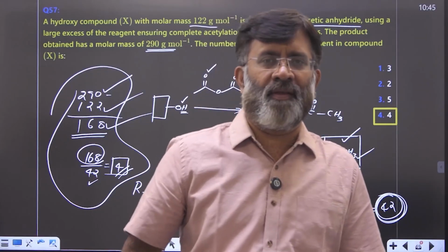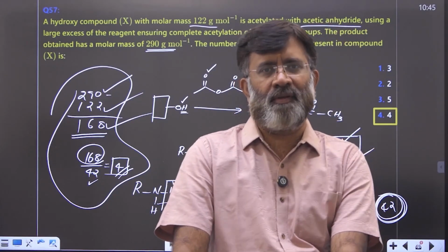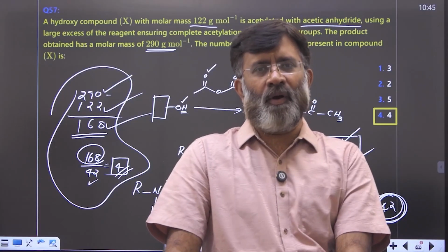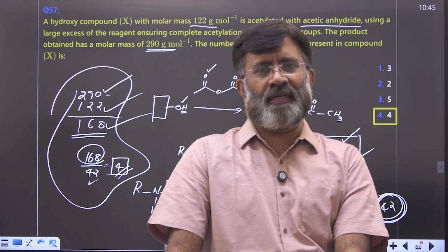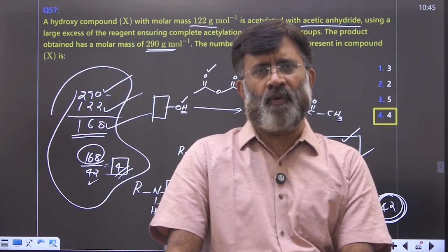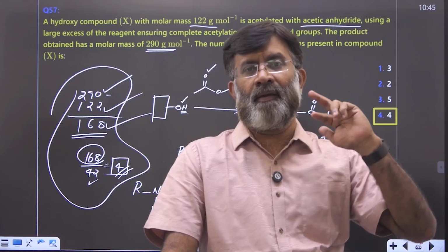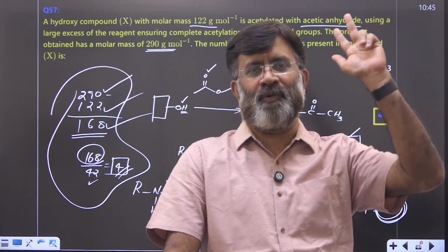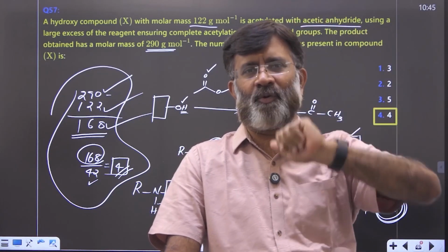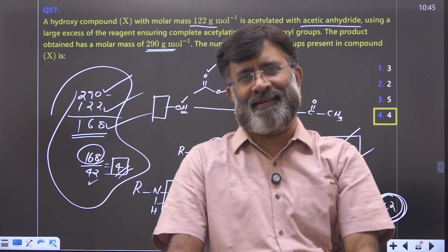Same way, take the number of OH groups in a compound, for example glucose. When treated with excess acetic anhydride, the molar mass of glucose, 180, will increase by 5 into 42. There are 5 OH groups in glucose, each getting acylated.